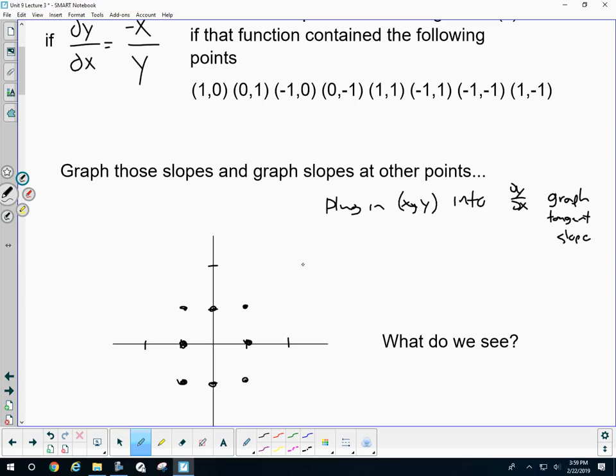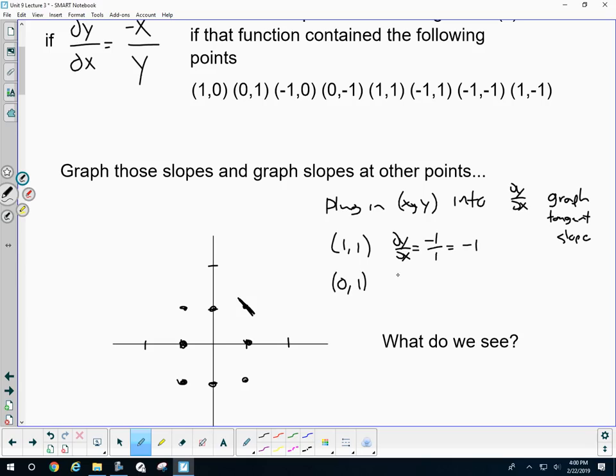So, let's take this point (1, 1). Plugging that into dy dx would get negative 1 over 1, which is negative 1. I'm going to plot a very small tangent slope that's approximately negative 1. Cool?